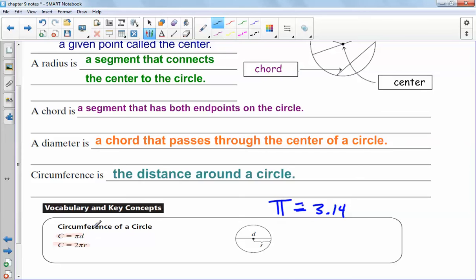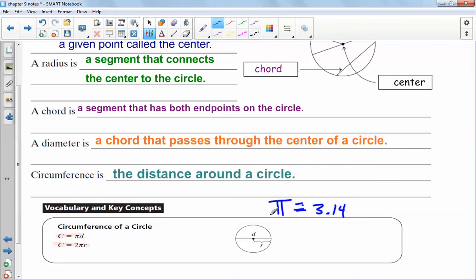So there's two different ways that we could find the circumference of a circle. Circumference is equal to pi, which most commonly we'll use 3.14 for pi, but always be sure to listen to directions to know what number you should be using for pi. Sometimes people like to use 3, sometimes we use 3.14, sometimes we leave our answer in terms of pi and we just leave the symbol of pi in the answer.